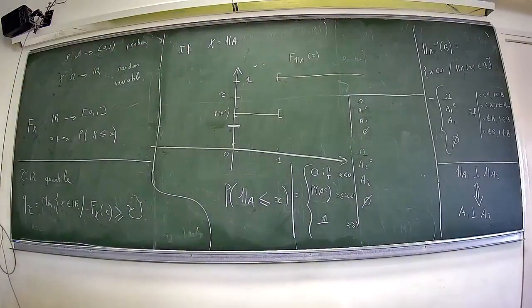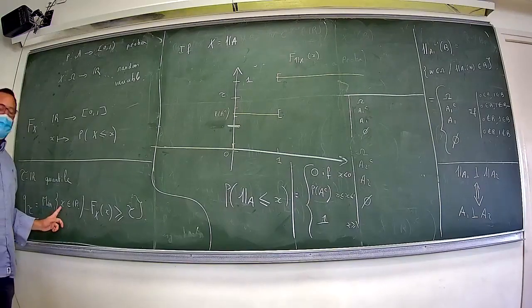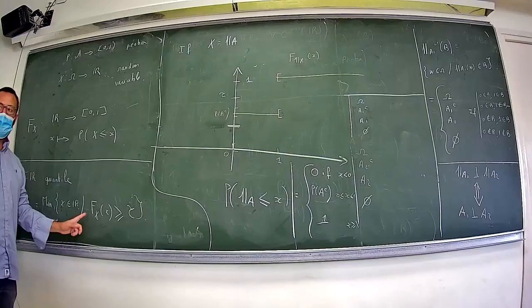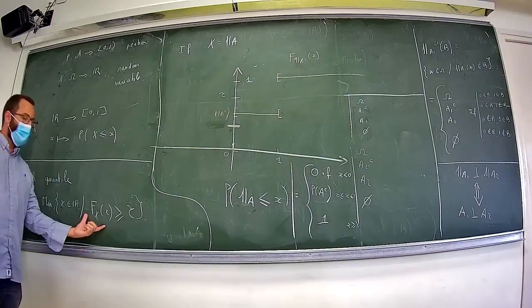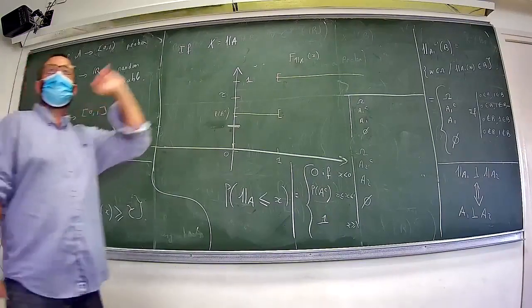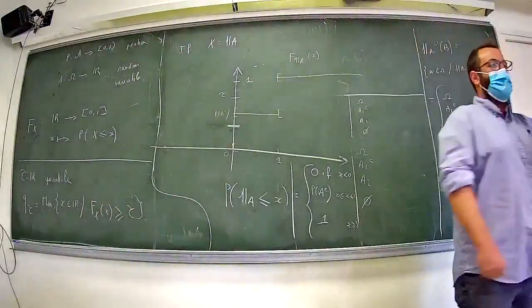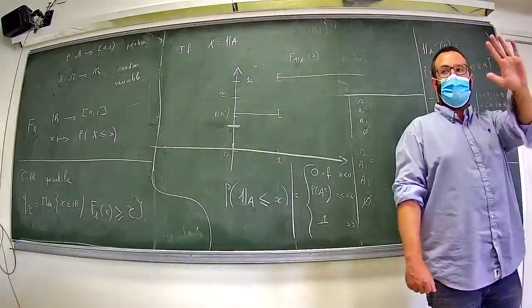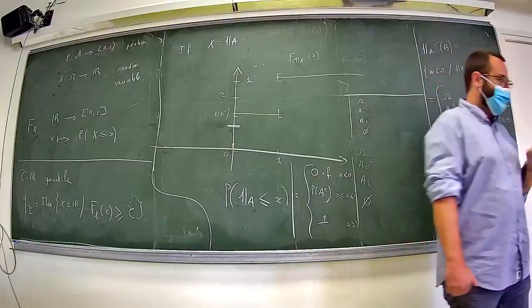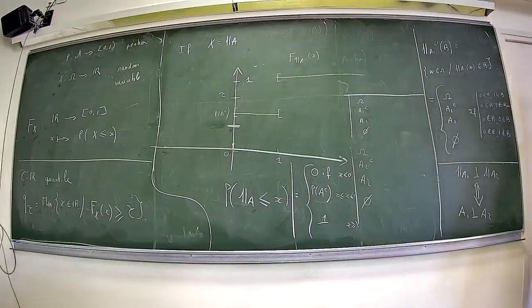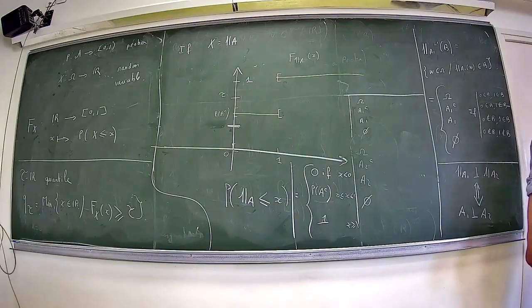So for tau equal to 1/2 you have what we call the median of a random variable, that is the value that separates the distribution into two parts, so that the probability to be less is 1/2 and the probability to be greater is 1/2. But focus more on the distribution function today, because for the median I will come back to this point in the slides concerning the statistical part of the course.